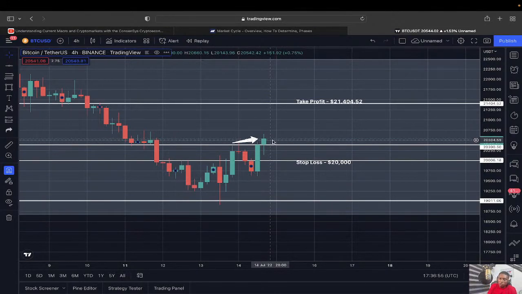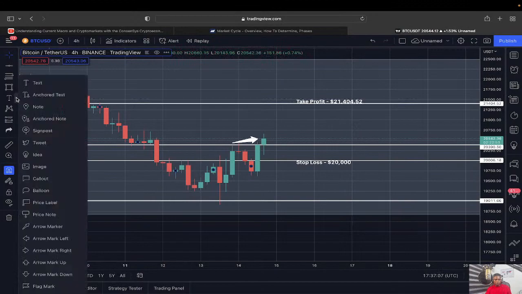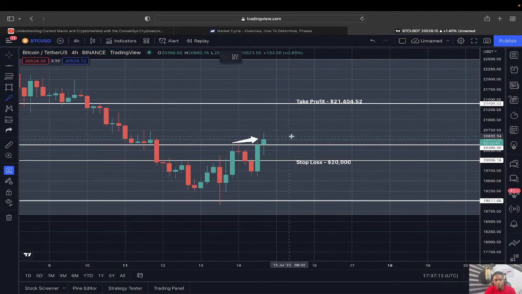Our buy confirmation is authentic if this candlestick closes above this. Then we are good for a bullish momentum. Either you take profit or you are stopped out of the market. Either of the two.